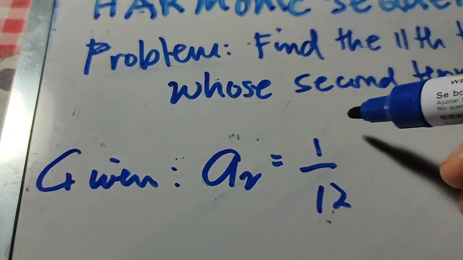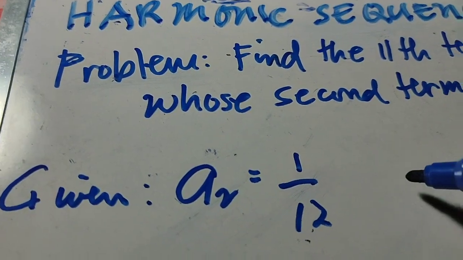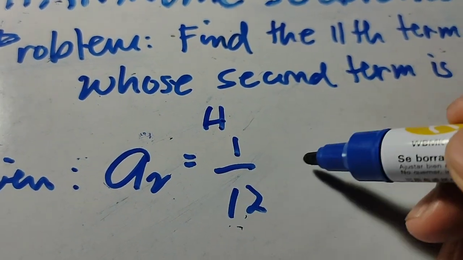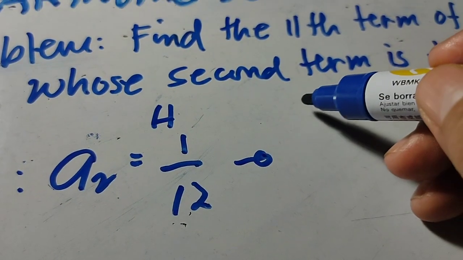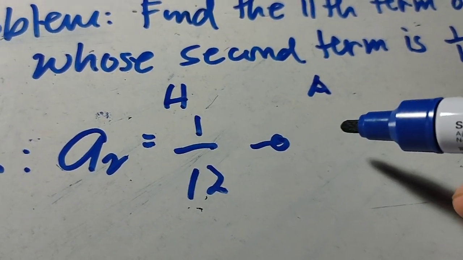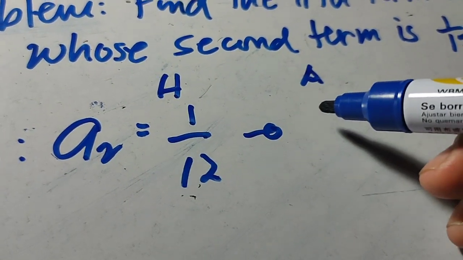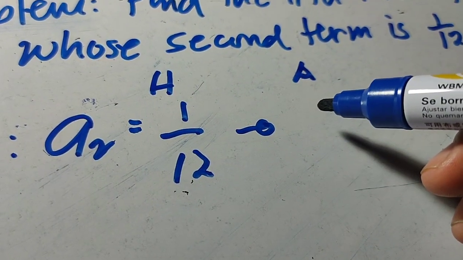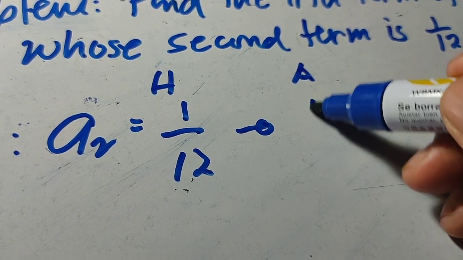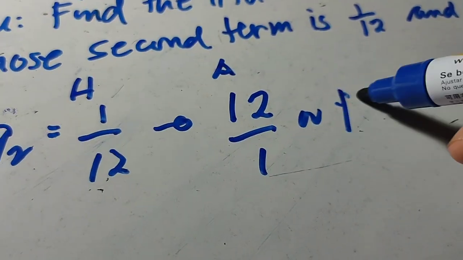That is in the harmonic term, and we have to consider the arithmetic sequence form, because we are going to consider the reciprocal of the harmonic sequence to proceed in the process of solving. So the reciprocal of 1 over 12 is 12 over 1, or simply 12.